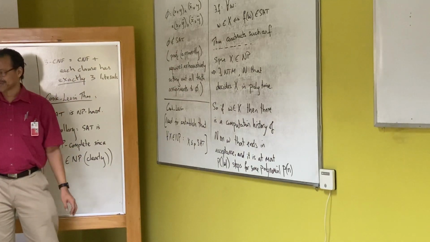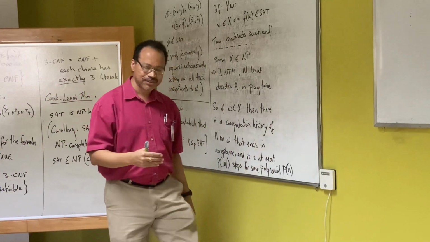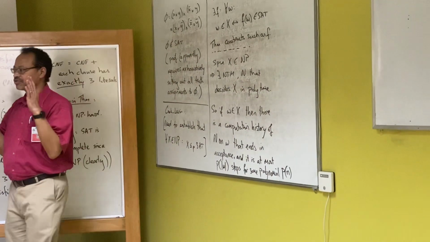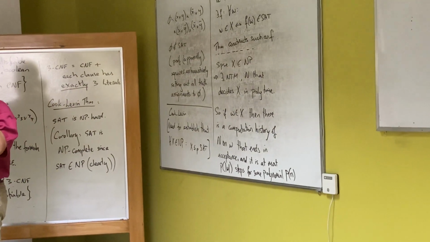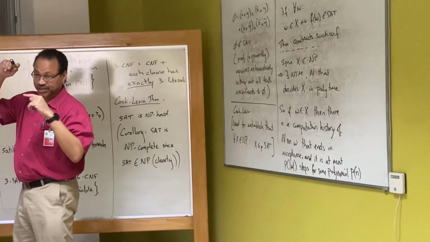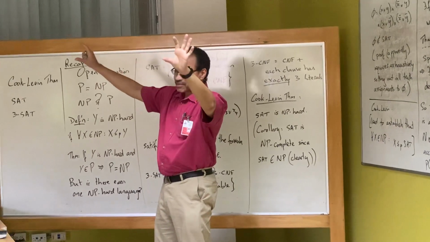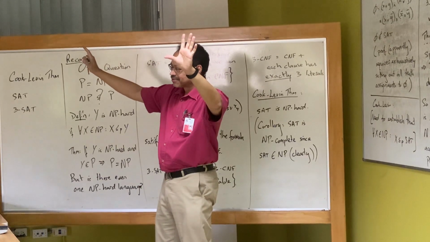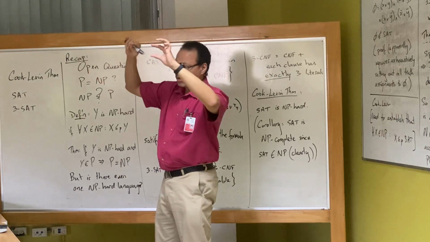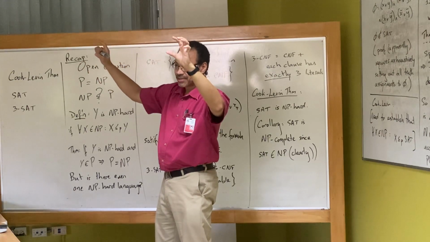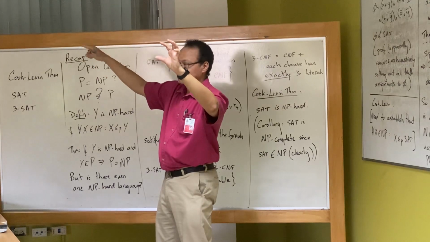How does that work? What we're going to do is pretend that the computation history was written out, like in monospaced font. So each configuration would be a string. It would have a maximum width. But if you can't run in more than polynomial time, that means you can't write more than polynomial numbers of characters onto the tape.